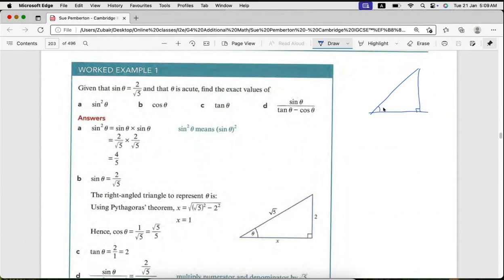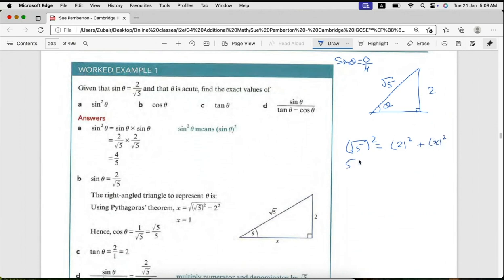This is, let's say this is theta, and it is given sine theta is 2 by square root 5. We know that sine theta is opposite over hypotenuse. So opposite with respect to theta is this side, which should be 2, and hypotenuse is square root 5. Now we can find the third side using Pythagoras theorem. So hypotenuse square is equals to one side square and then the other side square.